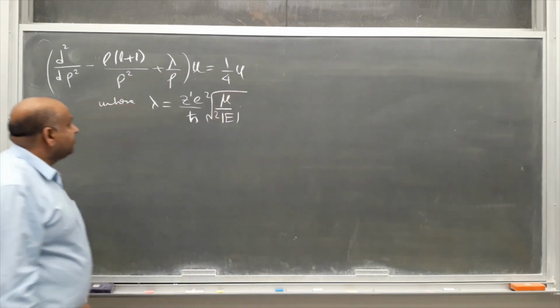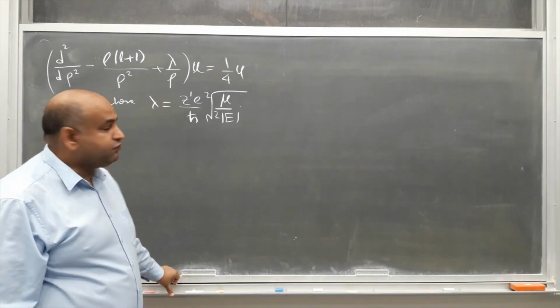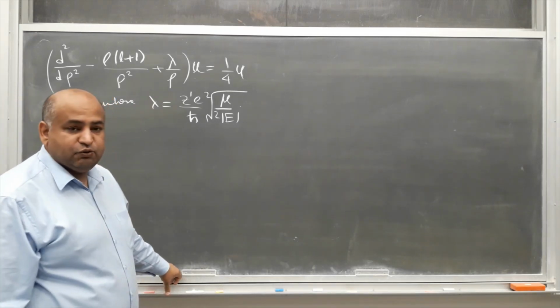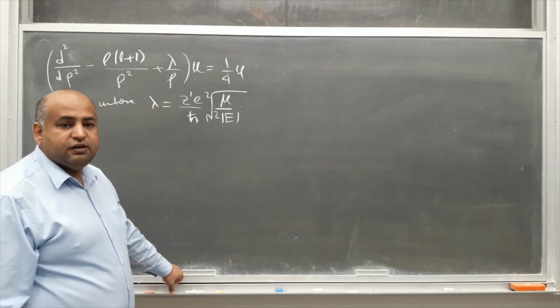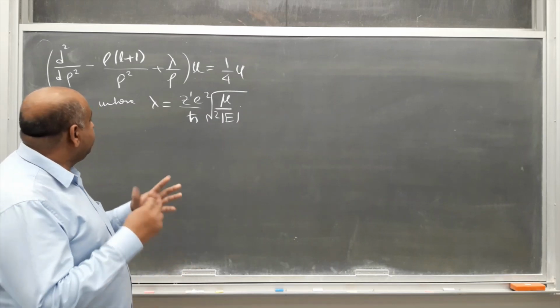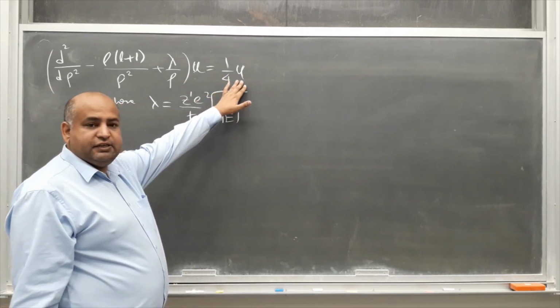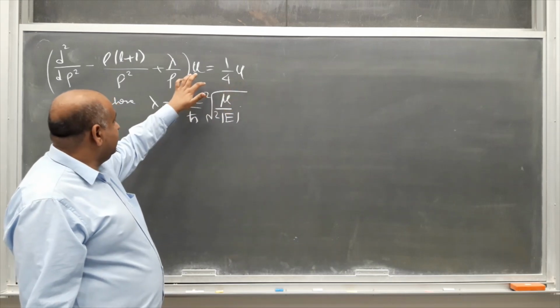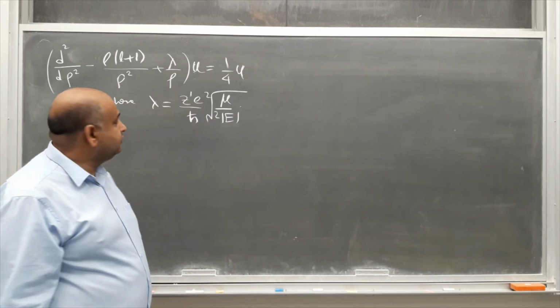Now this equation does not lend itself to a closed form analytical solution as it is. And we have to resort to what is called a series solution method, in which we assume the solution to be in the form of an infinite series, and we plug the series here and then determine the unknown coefficients by matching left and right hand sides.